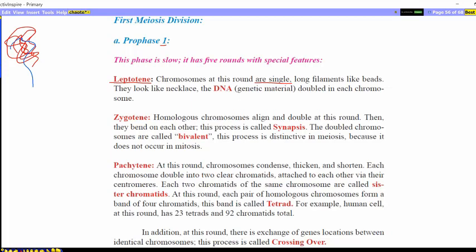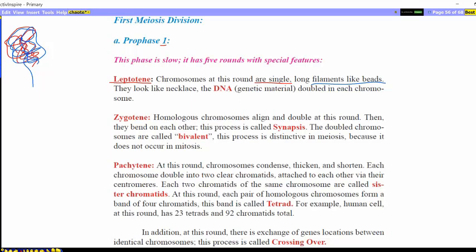This genetic material is hard to separate and share between two cells. So gradually, step by step, the genetic material condenses, coils around itself, shortens, and thickens to form chromosomes.